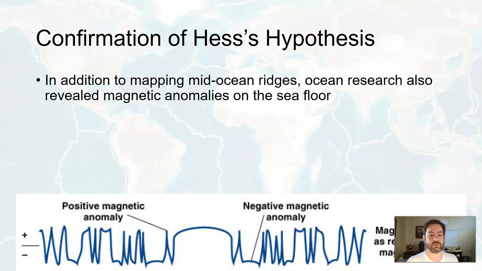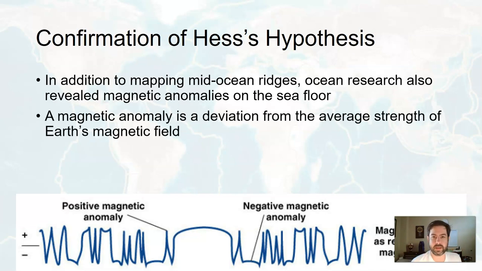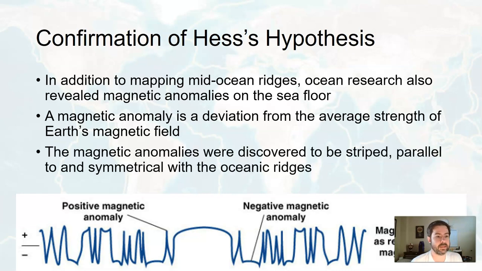Using something called a magnetometer, we can detect very, very subtle magnetic fields in these seafloor rocks. A magnetic anomaly is a deviation from the average strength or direction of the Earth's magnetic field, because remember, the magnetic field changes.